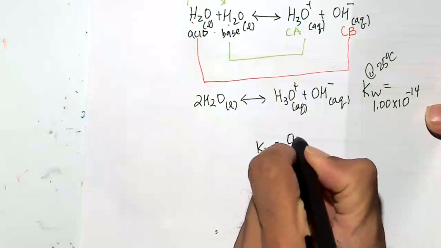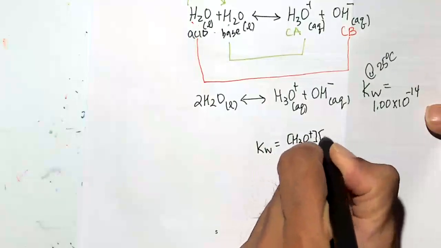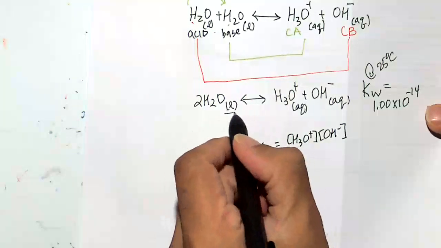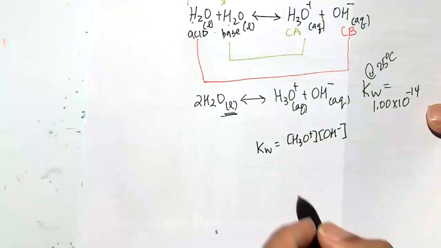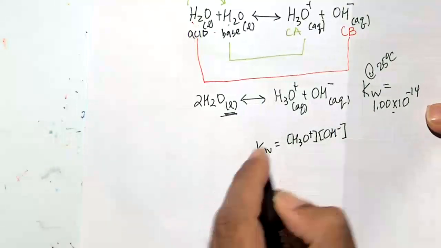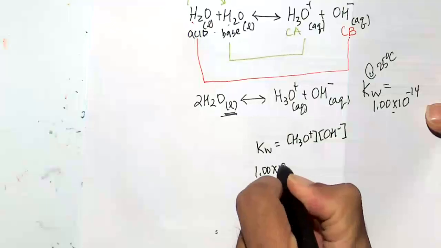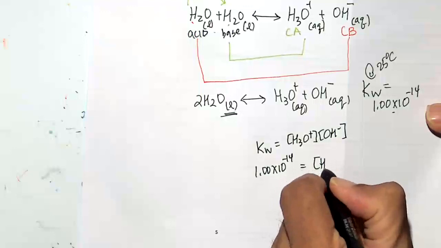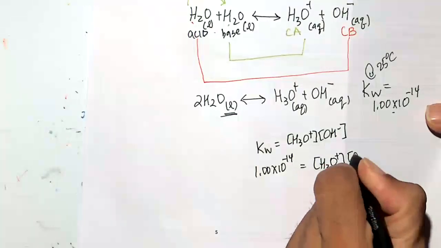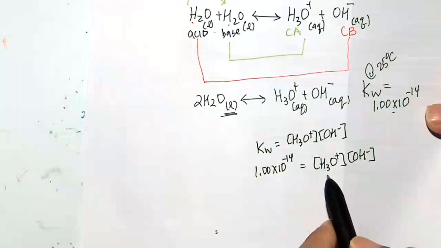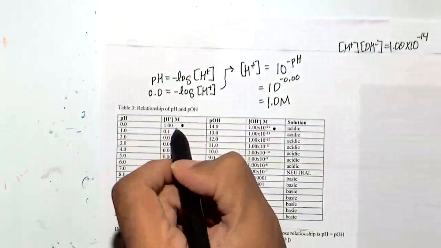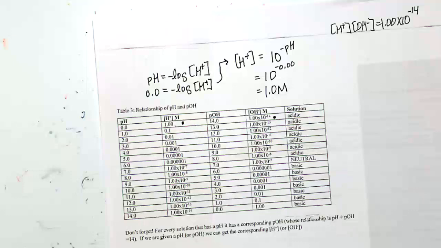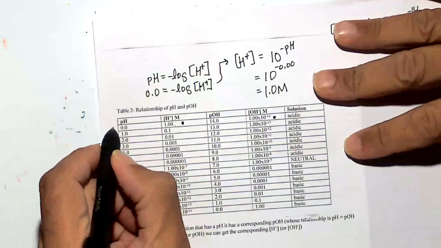It's products over reactants. How come I don't put water in here? Because it's a liquid. So this is equal to the equilibrium constant, and at 25 degrees, our textbook tells us this is equal to 1 times 10 to the minus 14. So if your H3O plus concentration is 1 molar, then your hydroxide ion concentration is 1 times 10 to the minus 14, and so on and so forth.